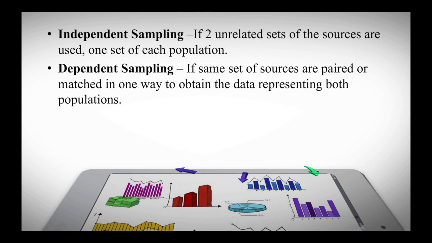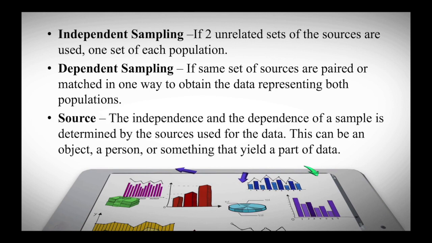So the after results are dependent on the process of teaching that we have done in between. So, it is a before and after test. That is dependent sampling.